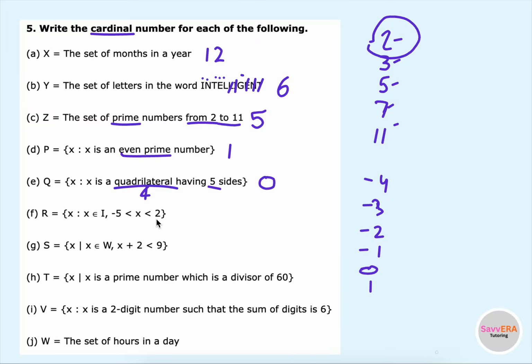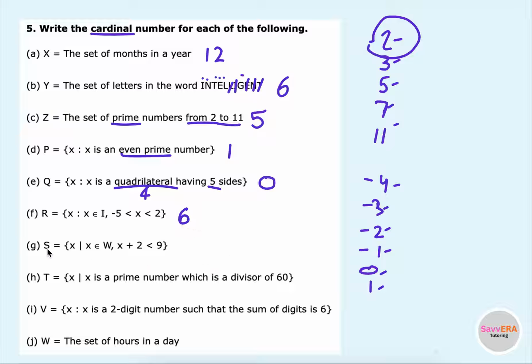We don't include 2 and -5 because it doesn't have the inequality sign that says to include it. So therefore we have 1, 2, 3, 4, 5, 6. So our cardinal number for this is 6.